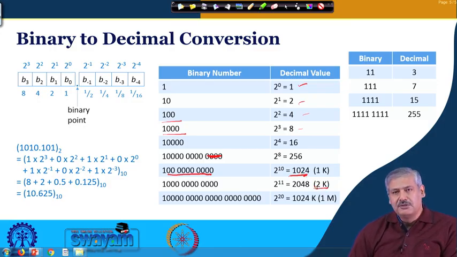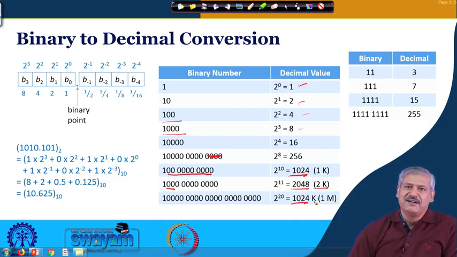So, 2K represents 2 to the power 11, that is 2048. If you multiply, you can see that this is 2048. So, 2 to the power 20 is 1024 kilo, that is 1 mega. So 1 mega is represented in this manner.